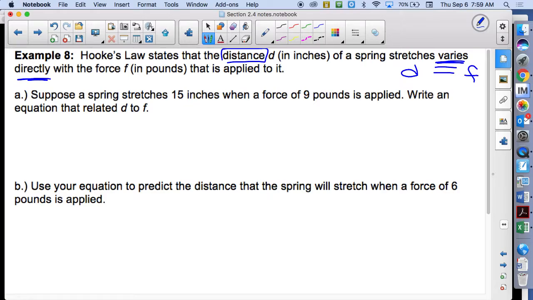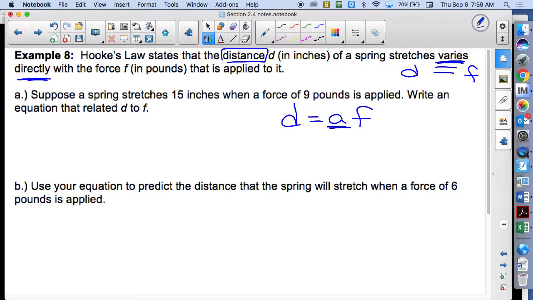So force goes on the other side. So distance is equal to some number, and that number is going to be A because that's our slope. We're going to have to calculate that number. So the distance of a spring is equal to some number times the force that's applied to it when we stretch it.